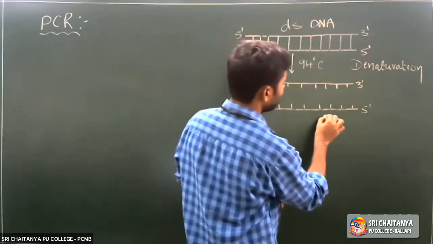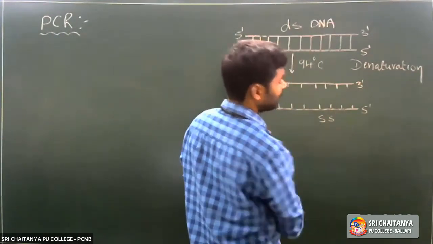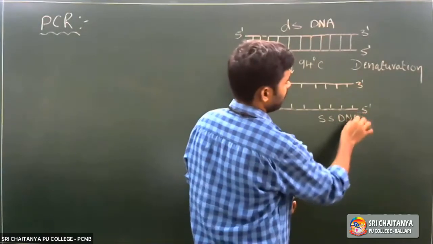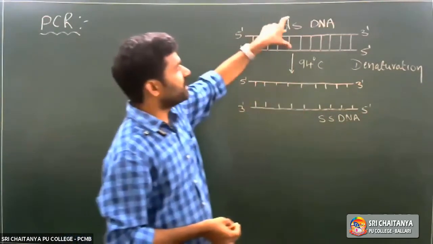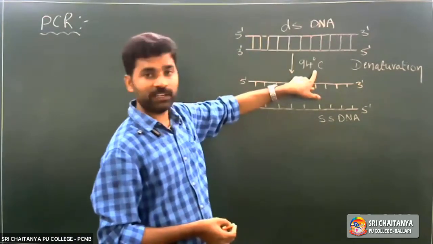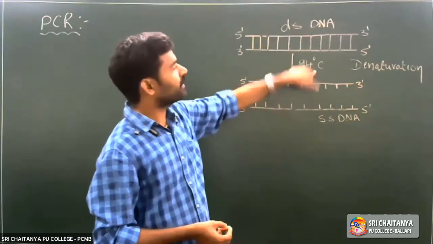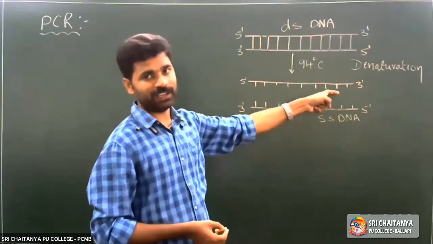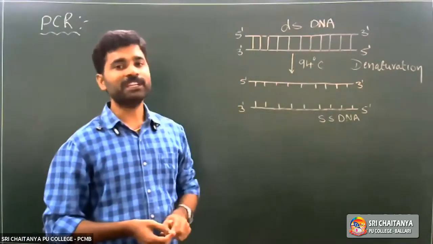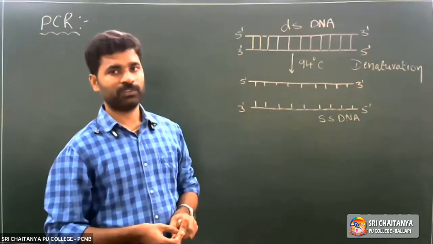So this is single stranded DNA. The double stranded DNA molecule, whenever subjected to 94 degrees centigrade, is converted into single stranded DNA. We call it the denaturation process.